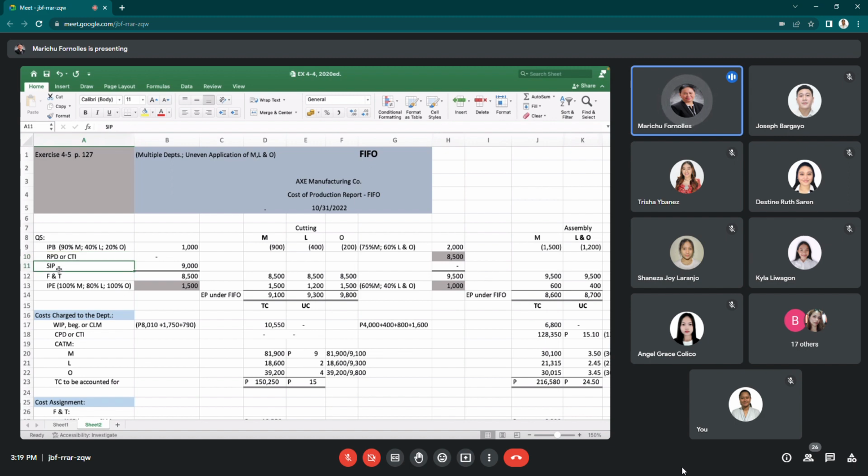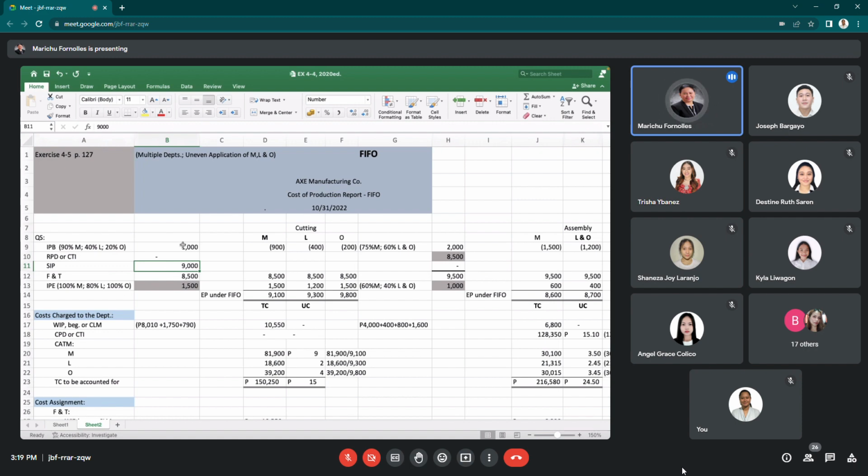Followed by another source, which is the SIP, started into process. So the SIP of 9,000 units should be understood as the number of units started this month by cutting. Ang gisugdan pagtrabaho just this month by cutting.